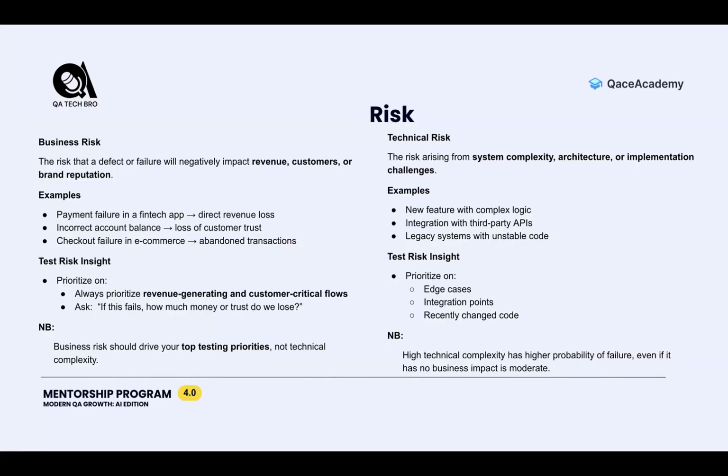What this basically means is a failure at one point can cascade into a failure all through the application, or can even cascade into a blocker that basically stops you from doing anything. So it's very important that while testing, you don't forget your technical risk. Prioritize all of these things.